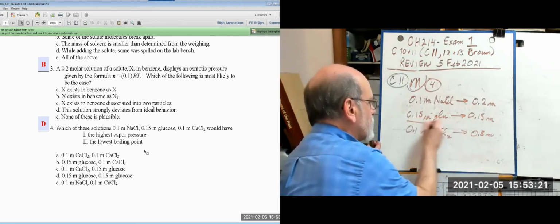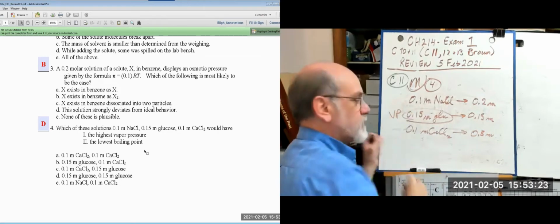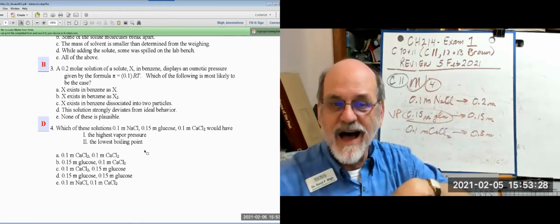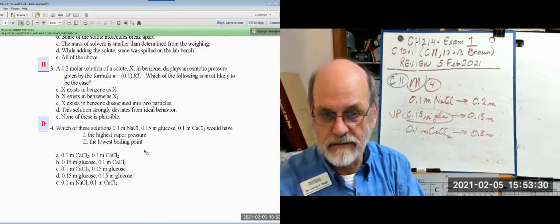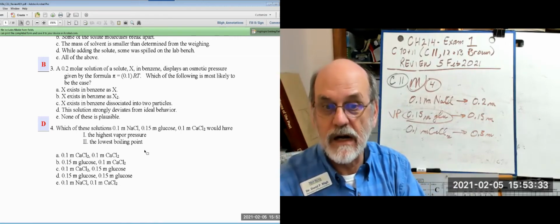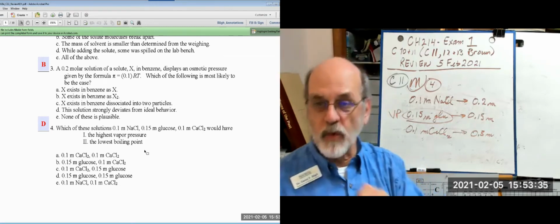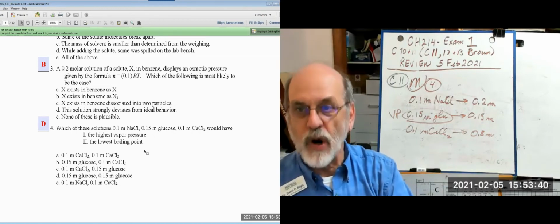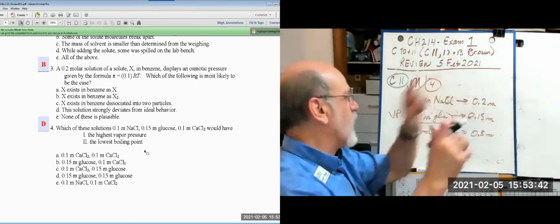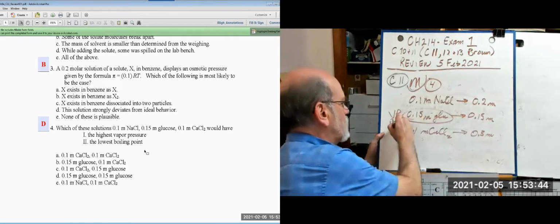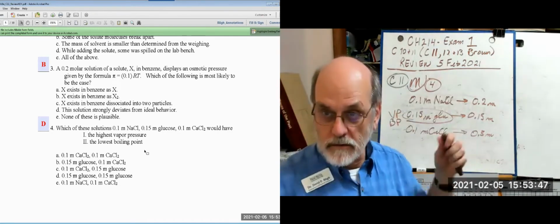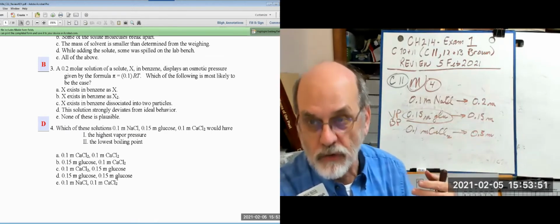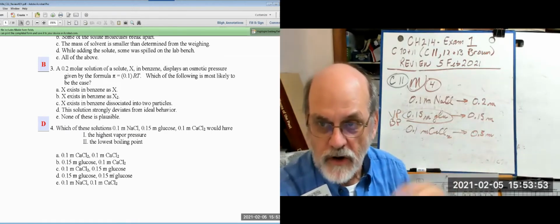So glucose is the vapor pressure answer, and the lowest boiling point, excuse me, means the lowest concentration of particles, which is also the glucose concentration. It answers 1 and 2 both. Highest vapor pressure, lowest boiling point.